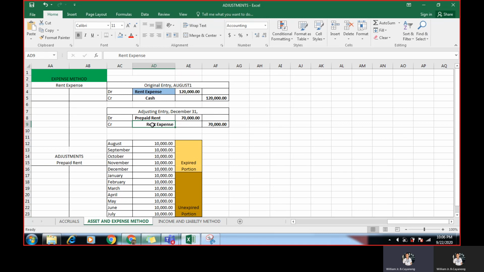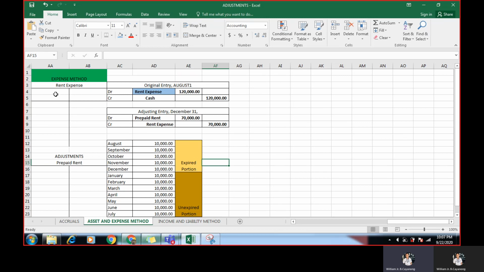Therefore, nag-credit tayo ng rent expense 70,000 pesos to record the decrease of your rent. Ayan, on August 1 or during August 1. Ayan. So, let's just have this guide lang for you to determine if ano ba yung expired tsaka unexpired portion.